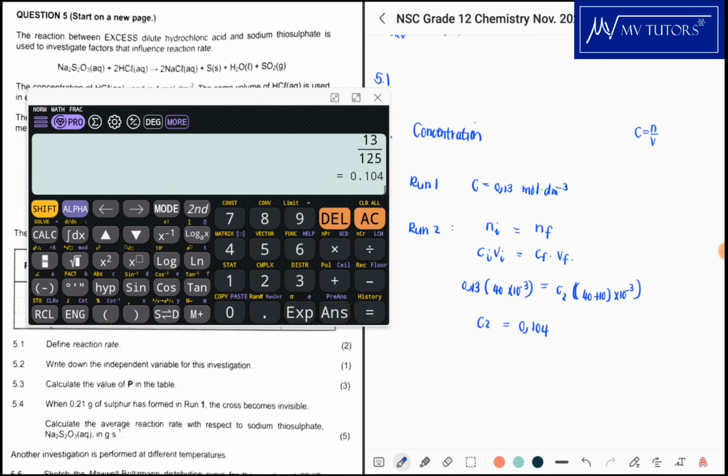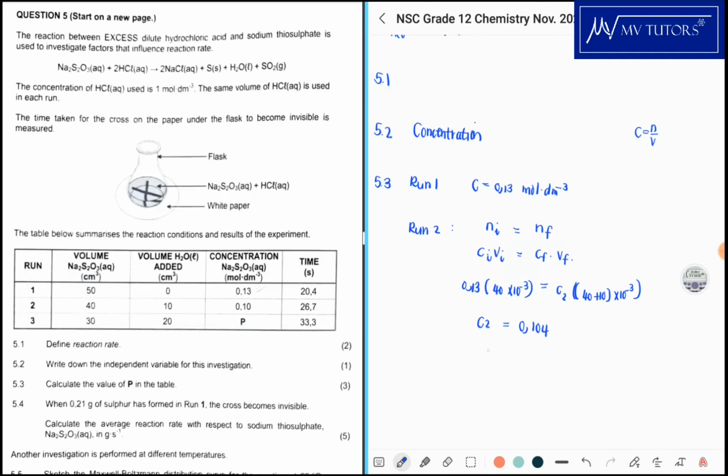Yes, we have 0.104, and if I round it off, we get 0.10.